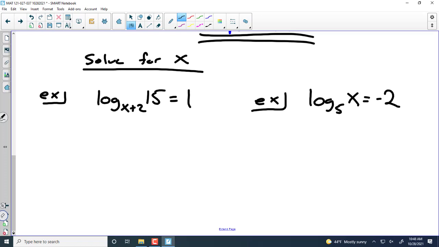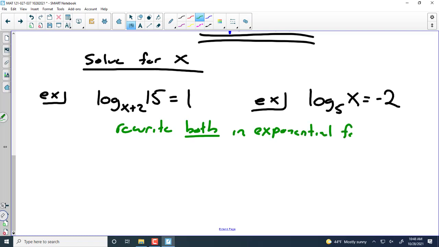Does everyone agree with that? In both of these situations. So my first step for both of them is to rewrite both in exponential form. Anything else you try is not going to get you anywhere. You're just going to be spinning your wheels.